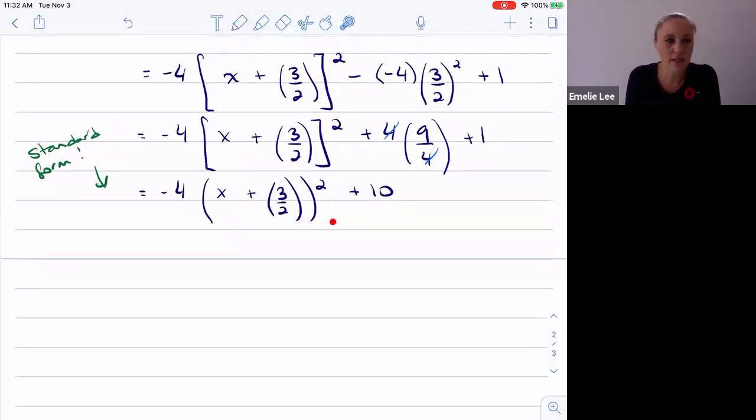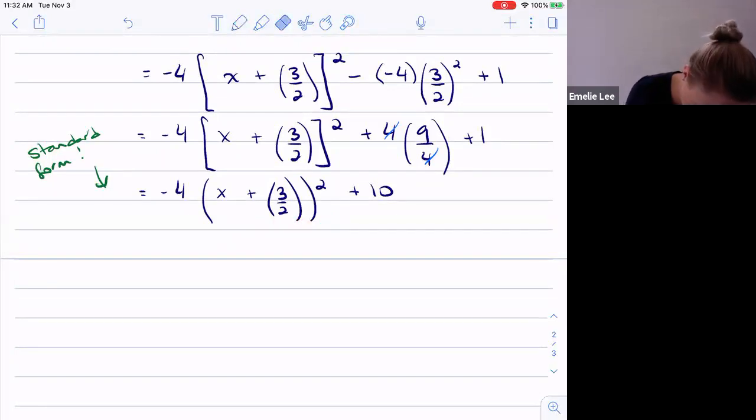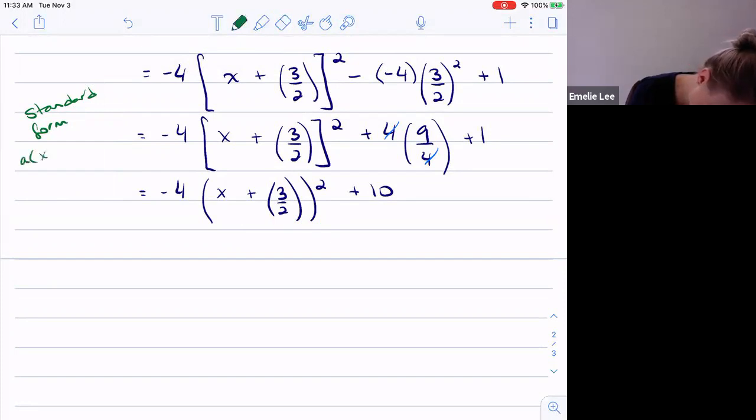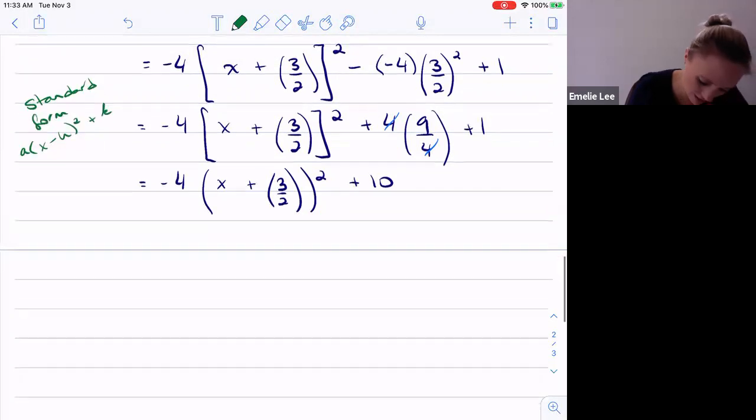If we compare it to standard form, maybe I'll just move this up here. Standard form looks like a times x minus h squared plus k.